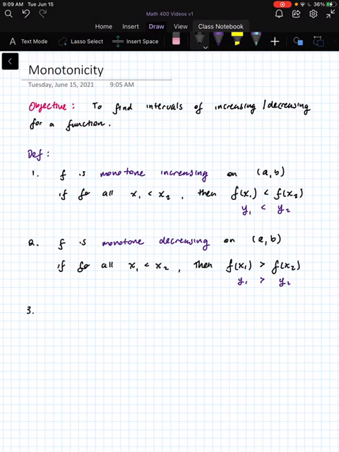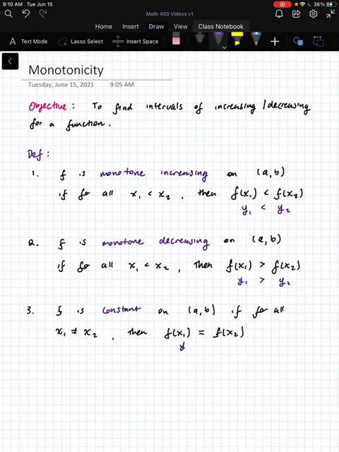And then one, not boring necessarily, but one trivial case is we say f is constant on that interval if for all x sub 1 not equal to x sub 2, so two different x values in that interval, then f of x1 is equal to f of x sub 2.